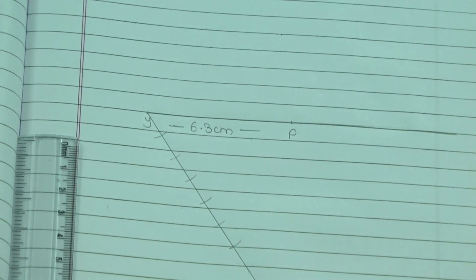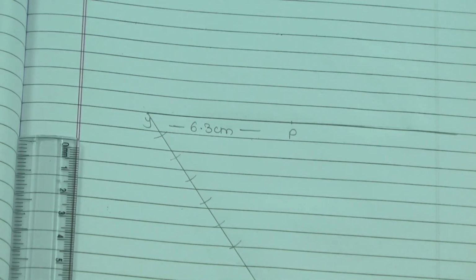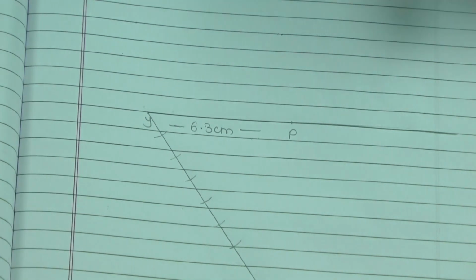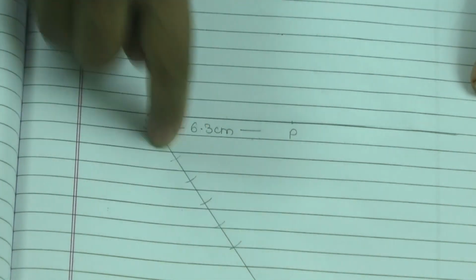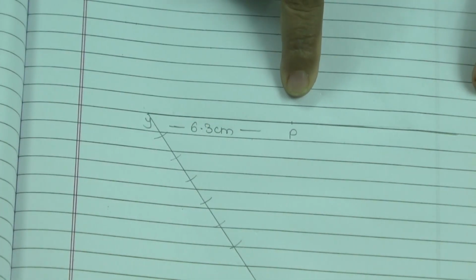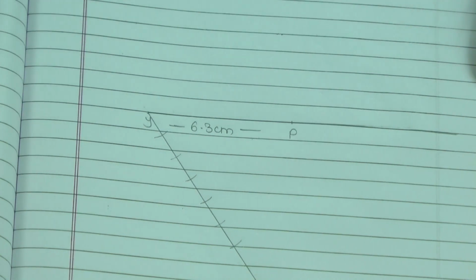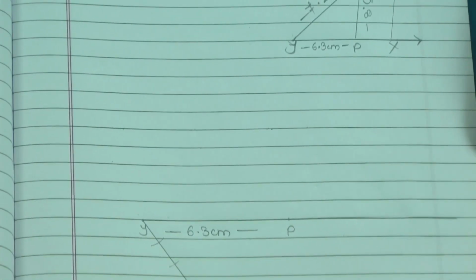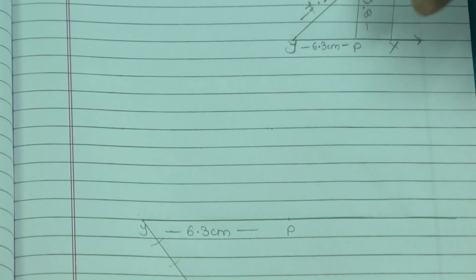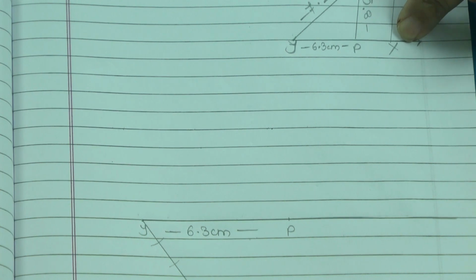Now children, we want to decide which part of this line should be joining with P. We have already drawn the rough diagram. YP is inside and YX is outside.